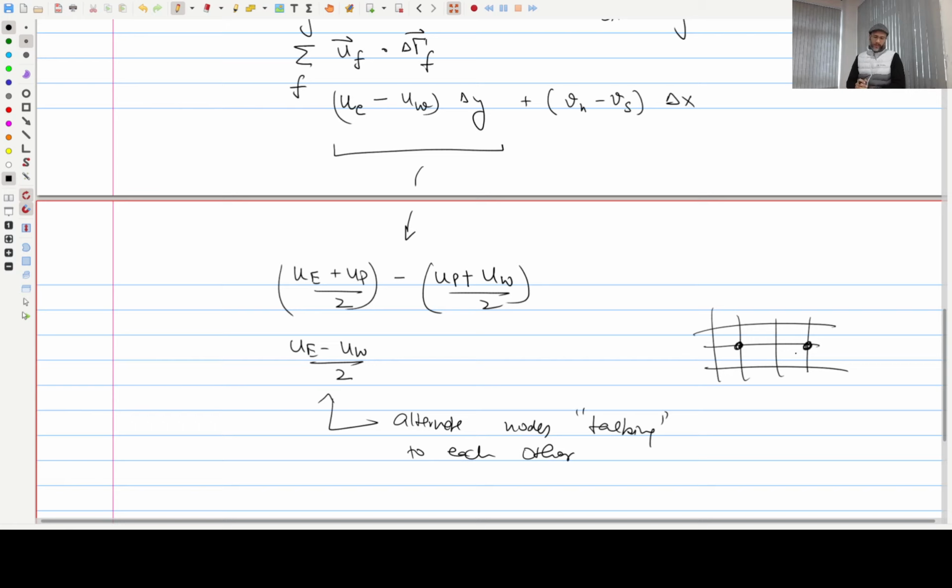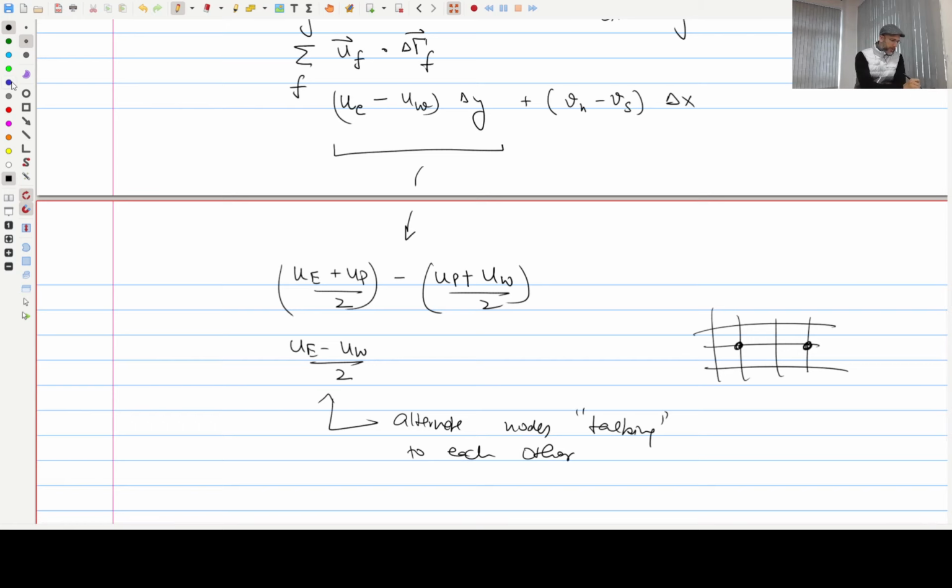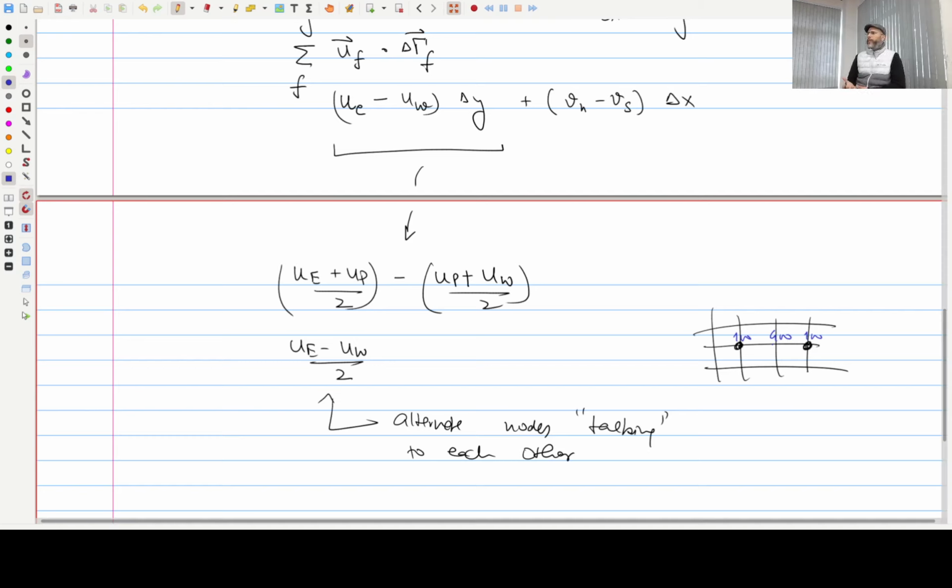So here also the velocity, let's say the x velocity we're talking about, if the x velocity looked like it was 100 here, 100 here, but 400 here, that would also be valid in the sense that this satisfies continuity.